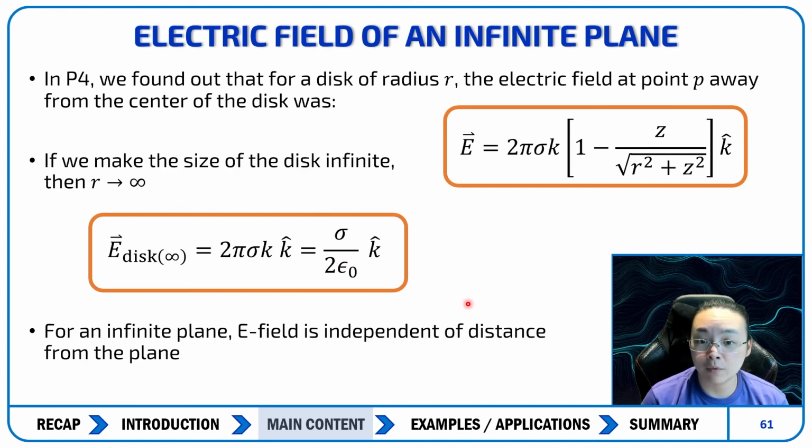And what's great about this is that for an infinite plane, the answer is not even dependent upon the radius or the distance away from the plane. So this tells us that for an infinite plane, the electric field is constant and uniform any distance away from that plane.